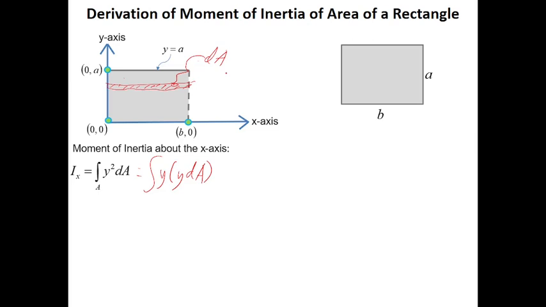So, tapos, ito yung kanyang y na tinutukoy. Ito yung reference natin. Ano yung moment of inertia niyan? Di sabihin, yung first moment, area times y. Diba? First moment yon. Y times dA. Ayun, y dA. Yun ang first moment.